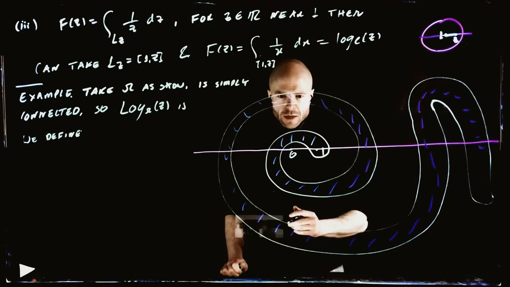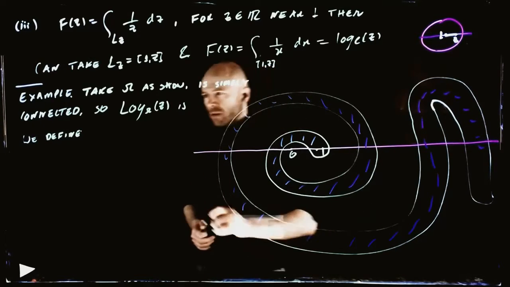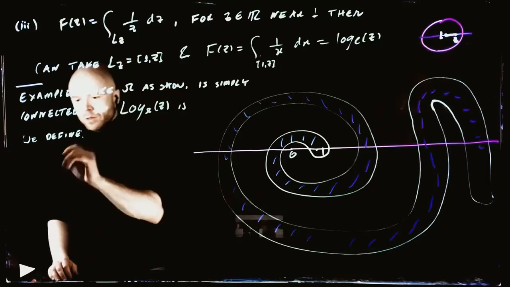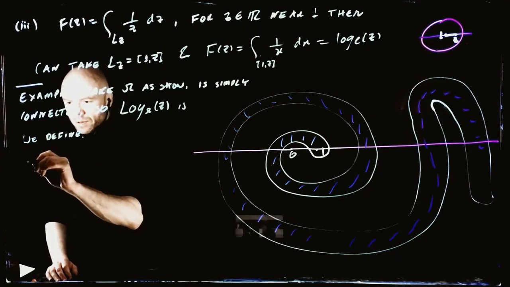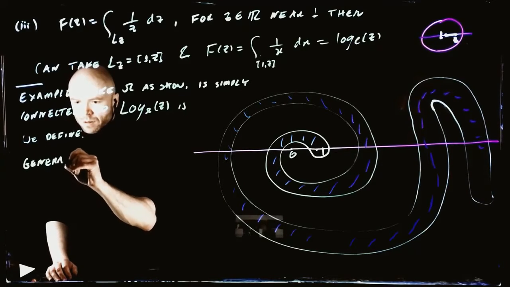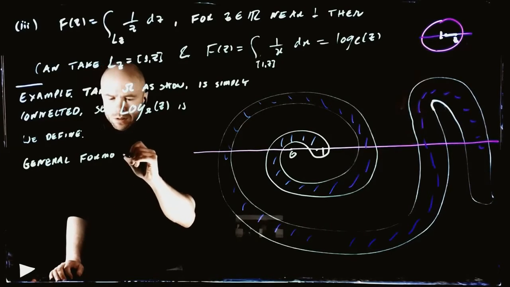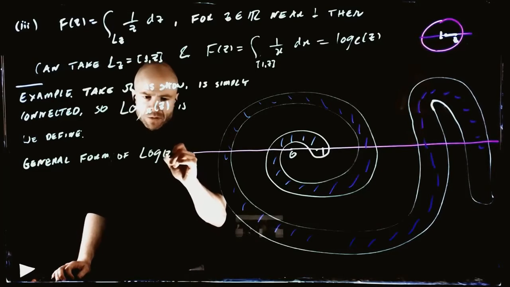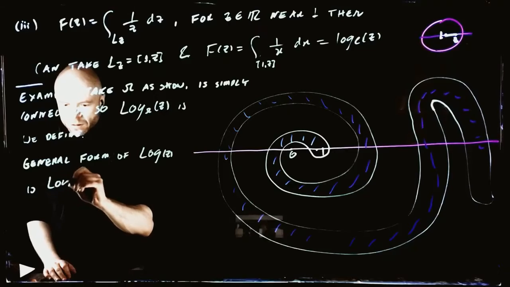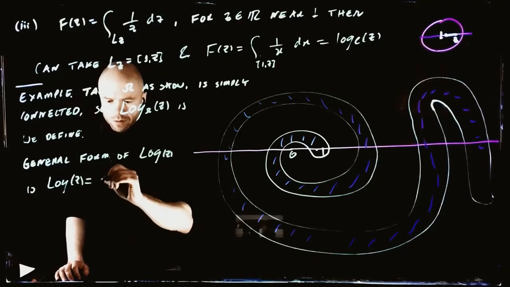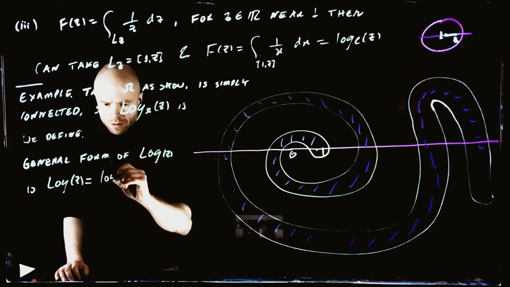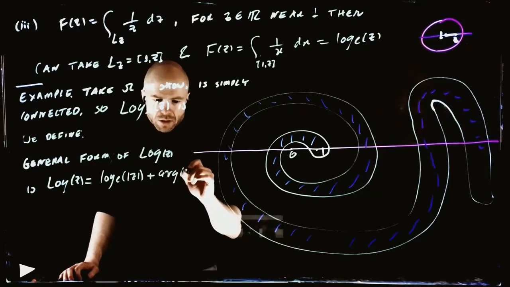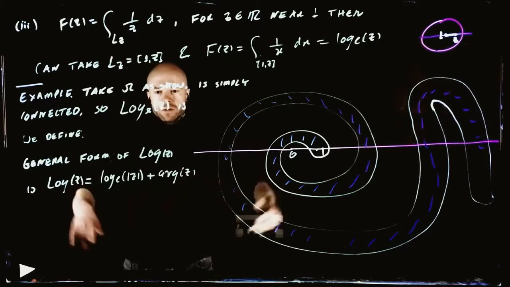What's going to happen to this guy? Well, if we just do this thing that we did before, when we just figure out what complex log has to be, the most general form of log of z is equal to log to the base e of mod z, plus i times arg, where arg is this multi-valued function.